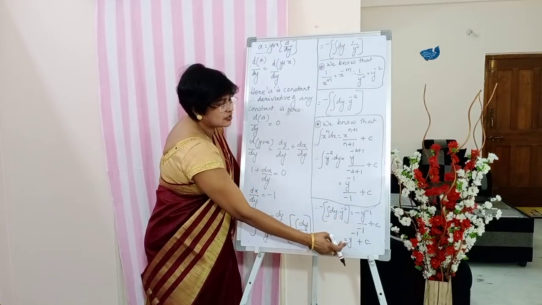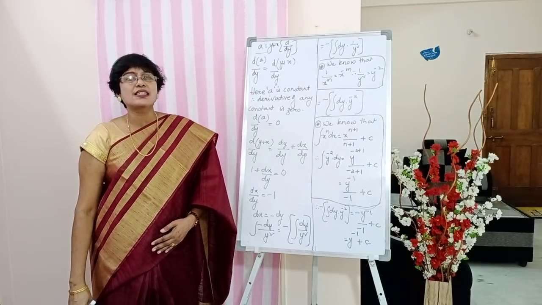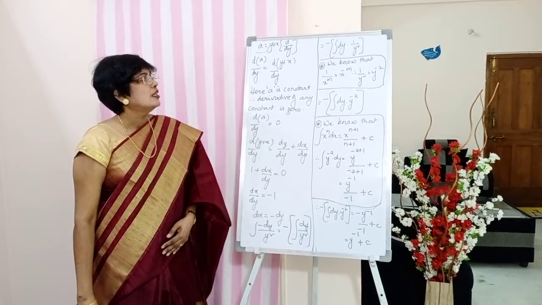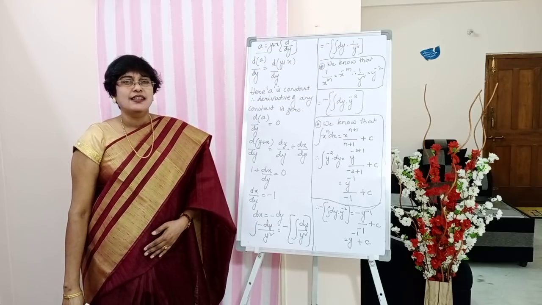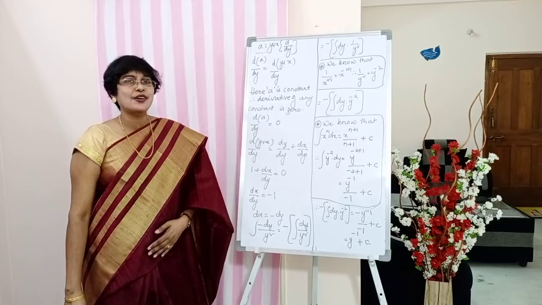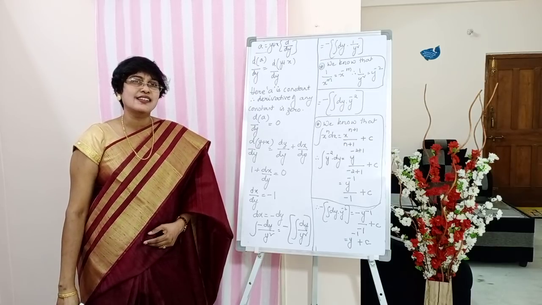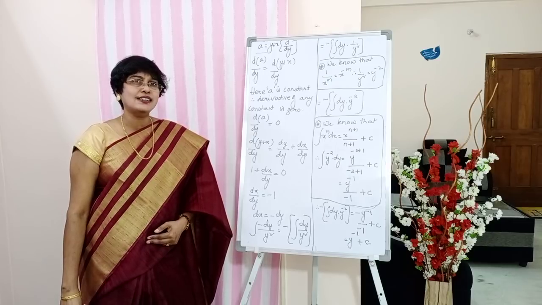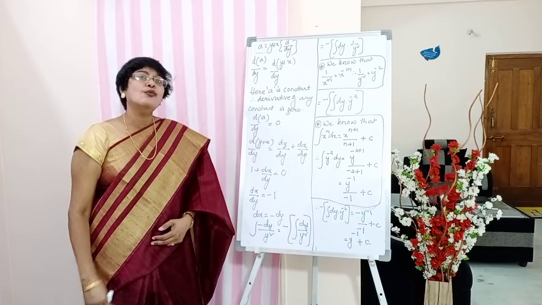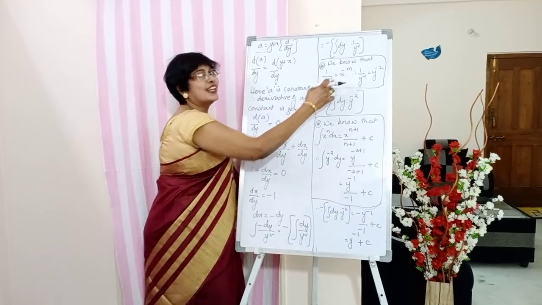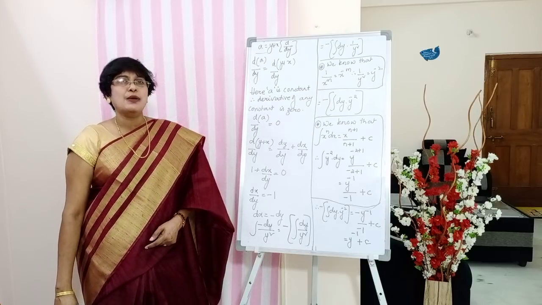Minus gets cancelled. So what remains? y to the power minus 1 plus c. So next what can we do, students? This y power minus 1 can be written as 1 by y, following this one. Okay. So is equal to, write down, 1 by y plus c.